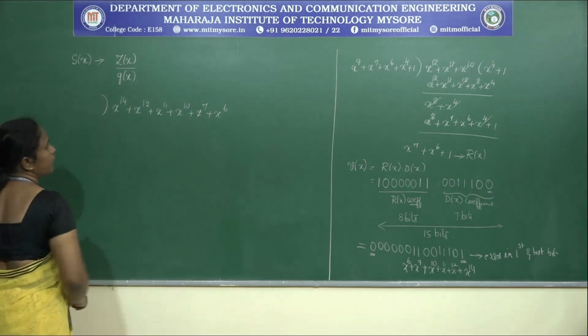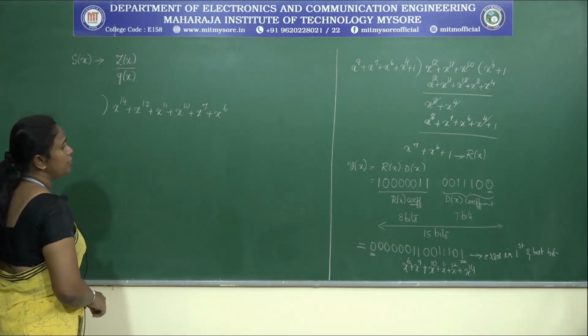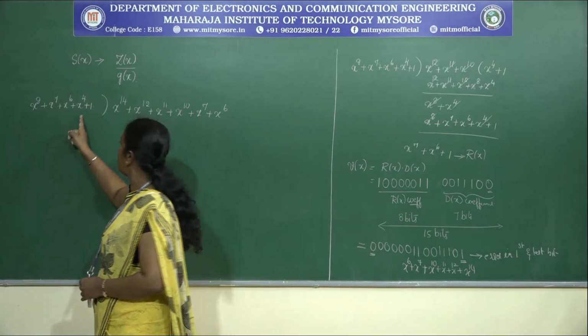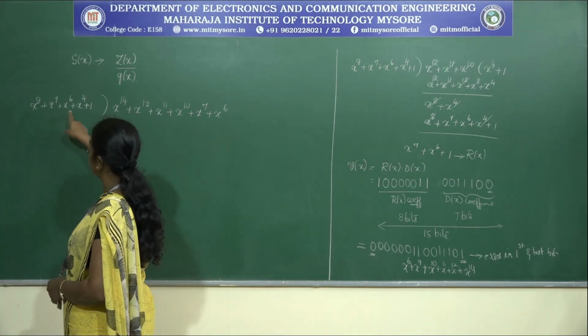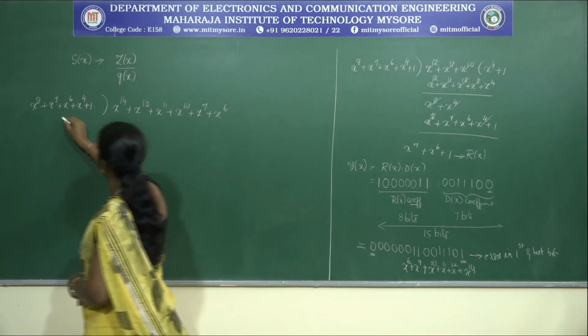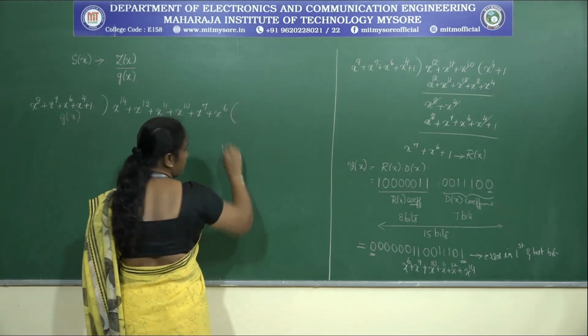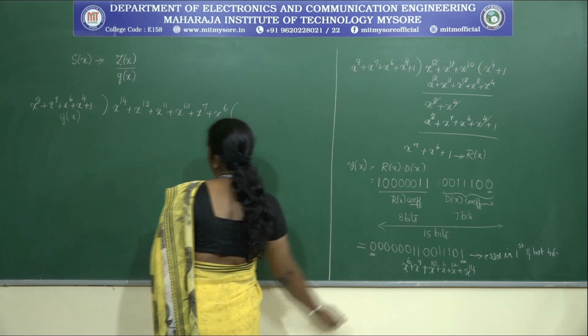So this has to be divided by your G of x. So we have G of x, that is x power 8, x power 7, x power 6 plus x power 4 plus 1. This is your G of x. This is your Z of x, which we have considered from here.